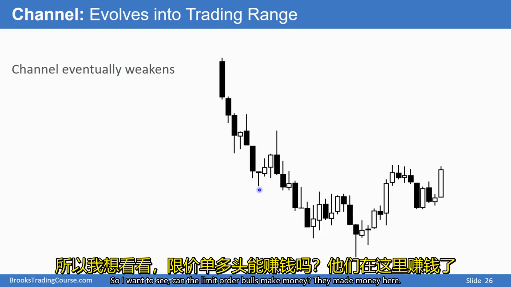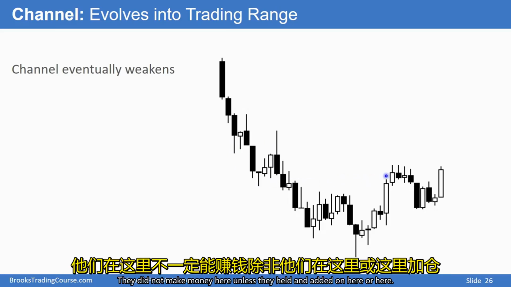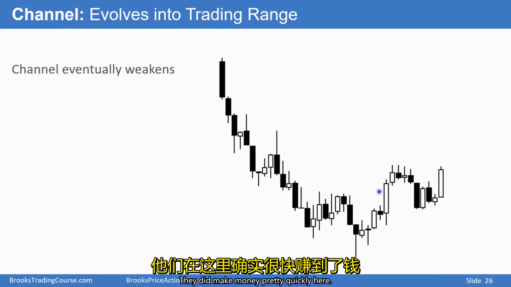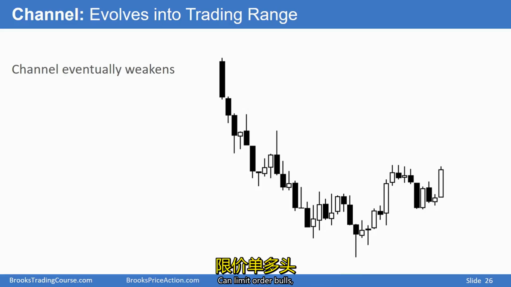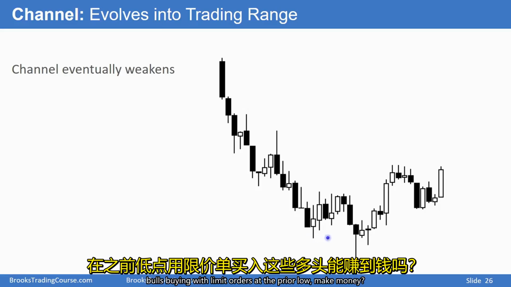So I want to see, can the limit order bulls make money? They made money here. They did not make money here unless they held and added on here or here. And they did make money pretty quickly here. Can limit order bulls buying with limit orders at the prior low, make money?